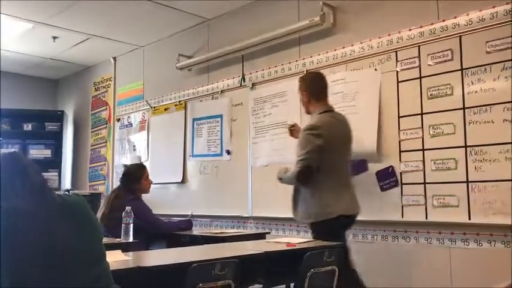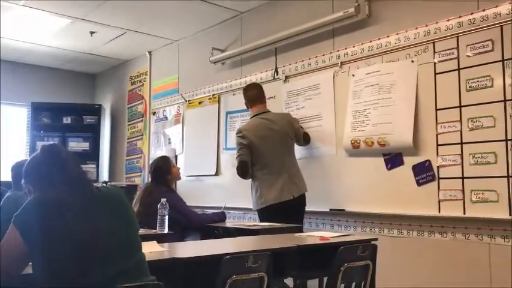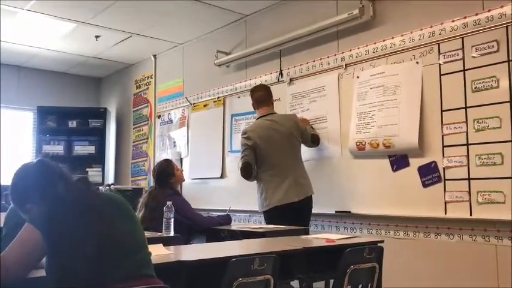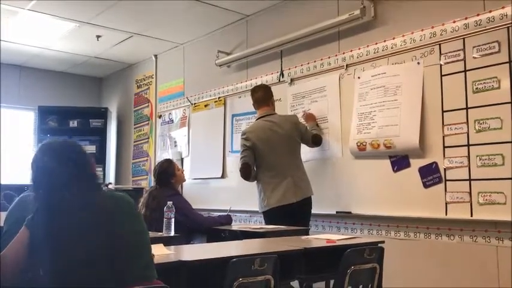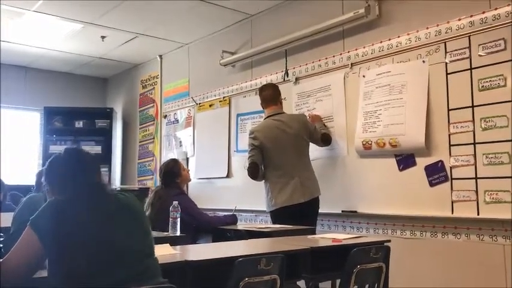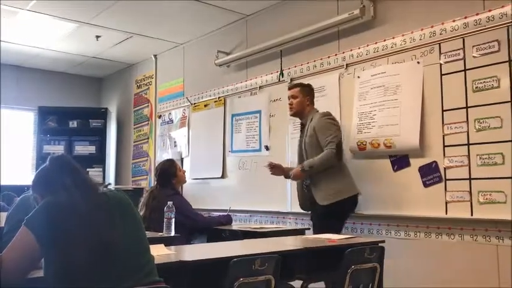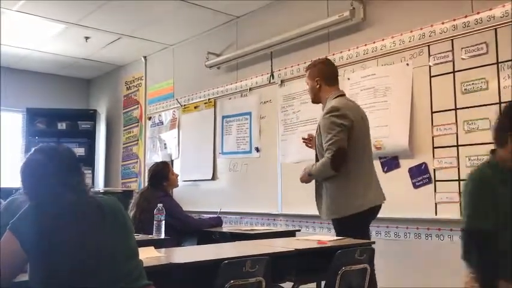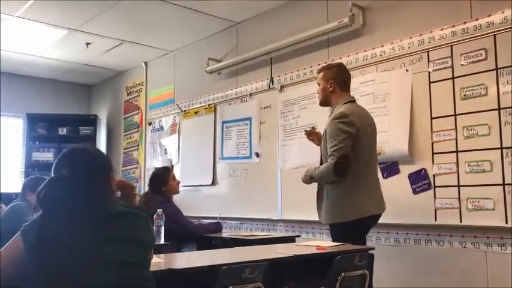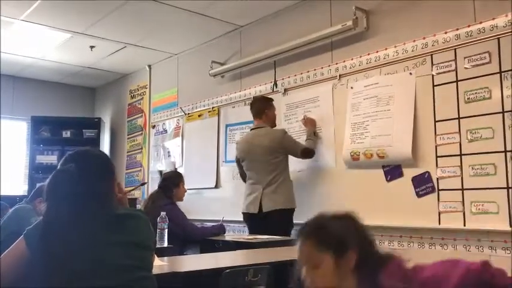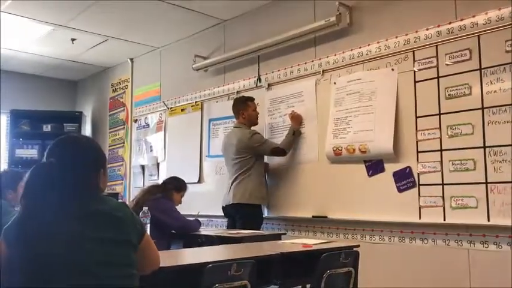So 60 plus 60 gives me 120 and 120. And when I add 120 and 120, you get 240. So 4 hours is equal to 240 minutes. So our answer here is 240 minutes.